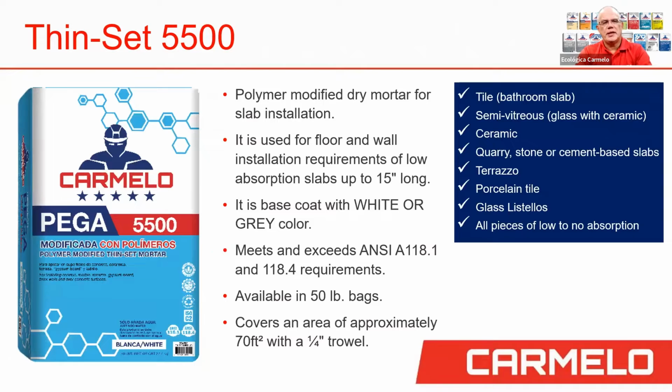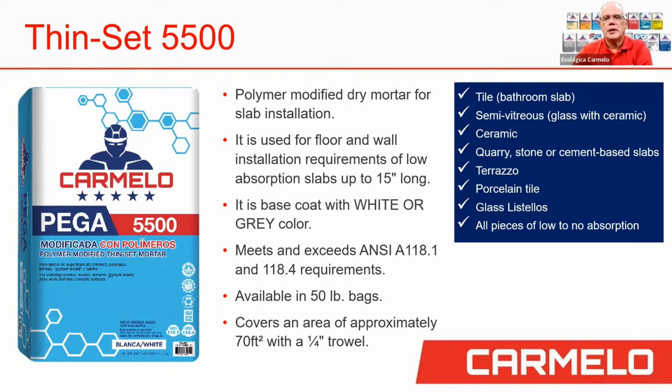So now we go with the thin set 5500. This one does have polymer, right? And it is also used on floors and walls requirements, and slabs up to 15 inches long. Okay, and you can use a 1/4 inch tile, and that will cover about 70 square feet per 50-pound bag, right?